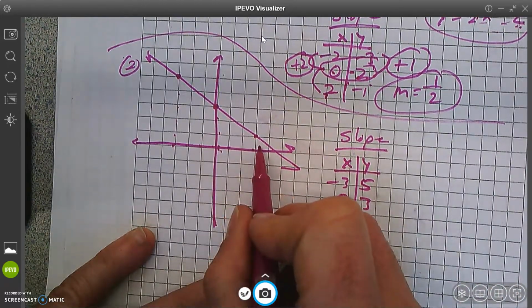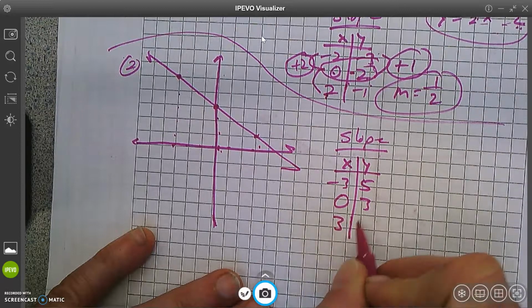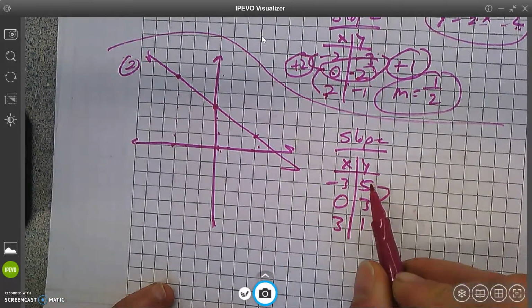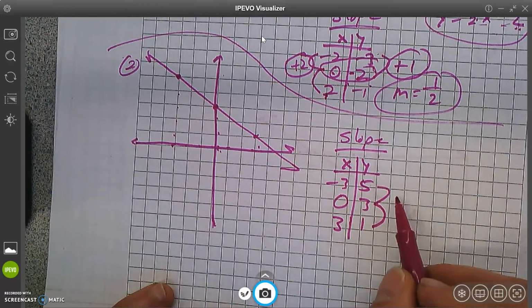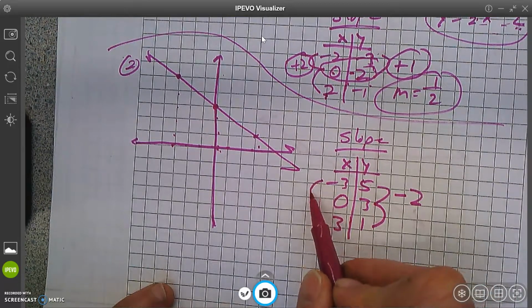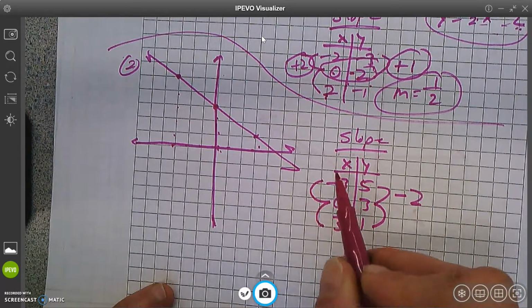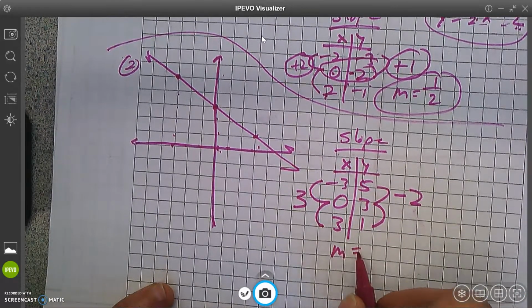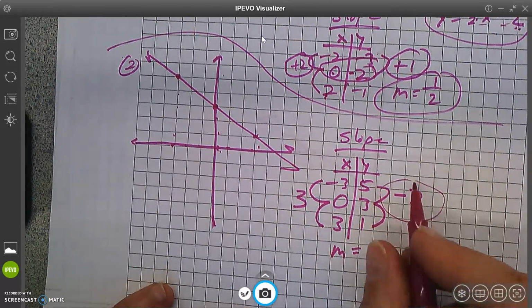And this one is 3, 1. Okay. What's going on with this y here? 5, 3, 1. That means I'm going down 2. What am I counting by here? I'm counting by 3s.